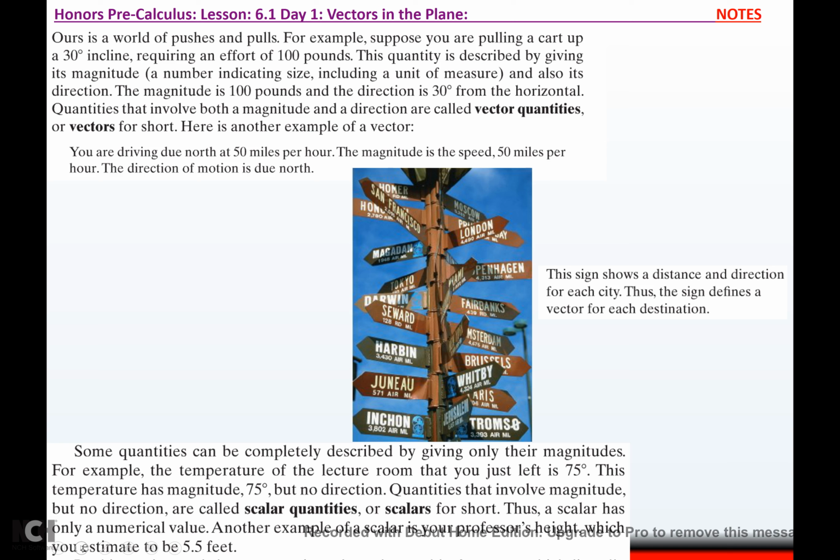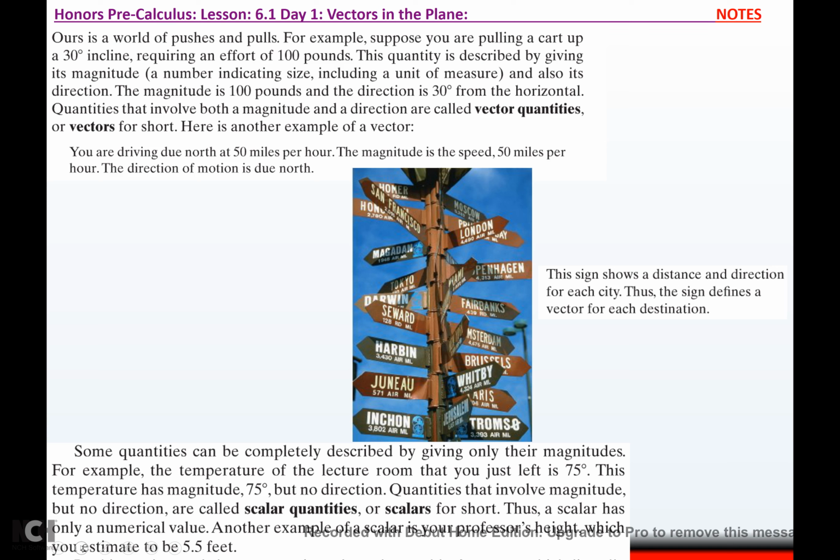This quantity is described by giving its magnitude, which is a number indicating size, including a unit of measure, and also its direction. Its magnitude is 100 pounds, and its direction is 30 degrees from the horizontal. Quantities that involve both a magnitude and a direction are called vector quantities, or vectors for short.